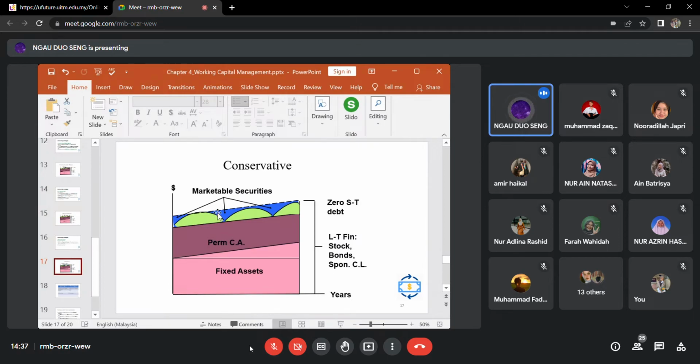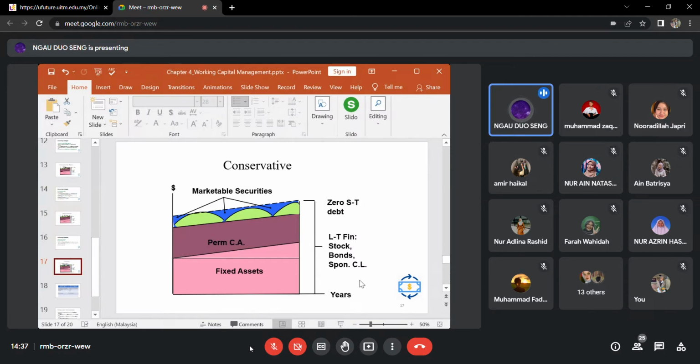And at the blue color here, they have excess cash, lebihan duit. So here, they are using it for marketable securities like investment, and they are using zero short-term debt. Right, and this one is high cost.